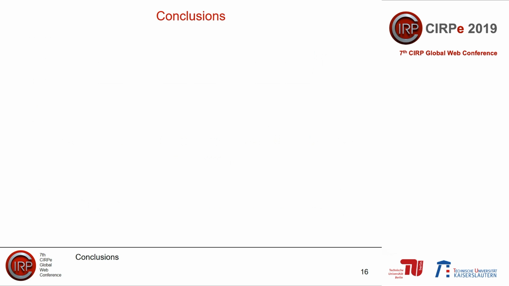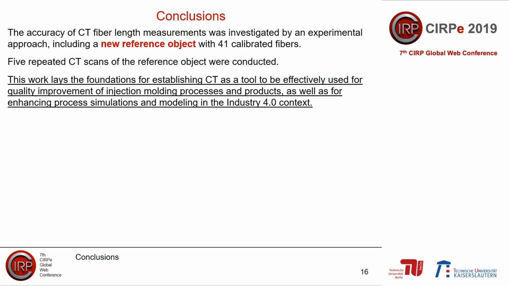Coming to the conclusions, this work proposed an experimental approach for verifying and enhancing the accuracy of fiber length measurements performed by means of X-ray computed tomography. This is important to establish CT as a tool to be effectively used for improving the quality of the injection molding process and final products.